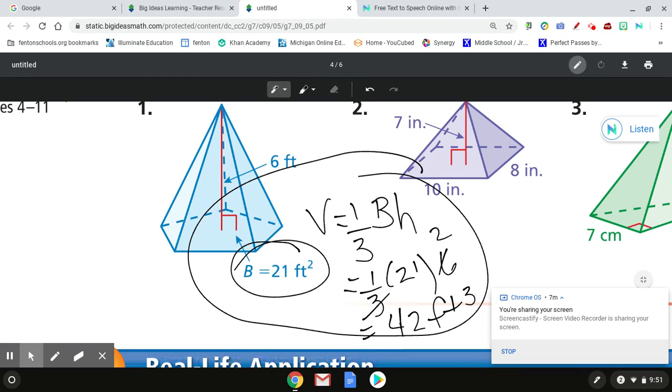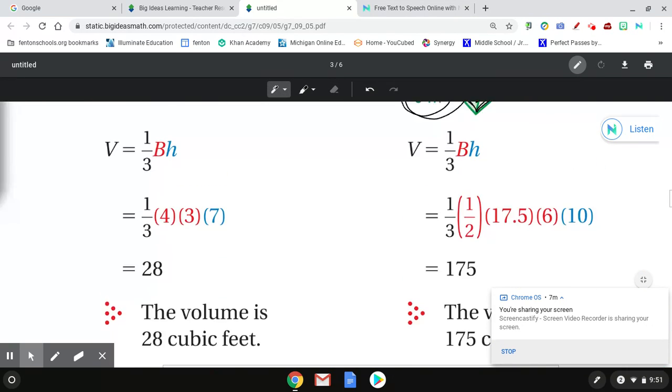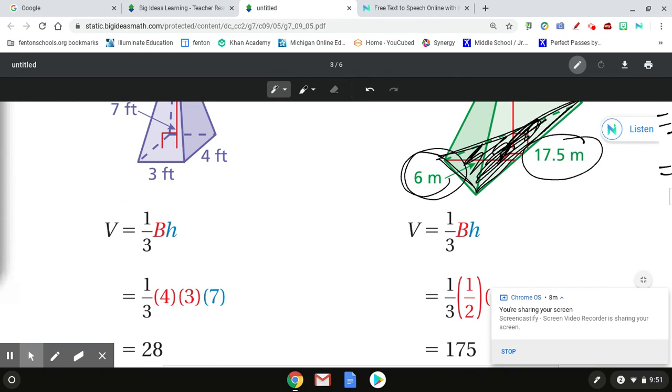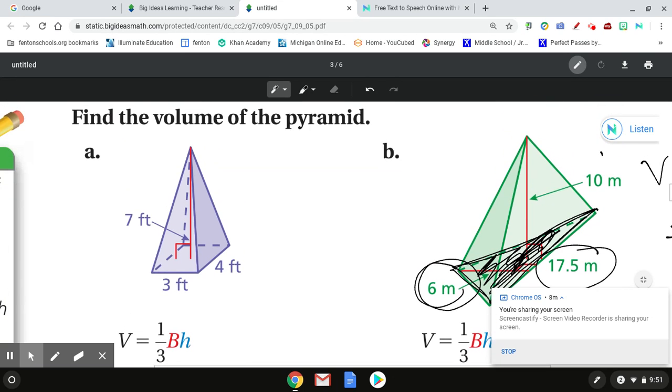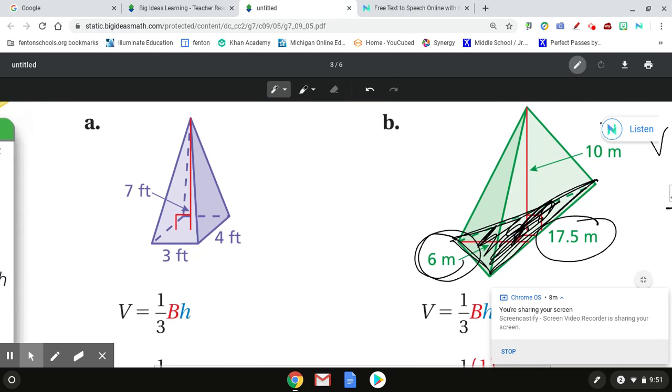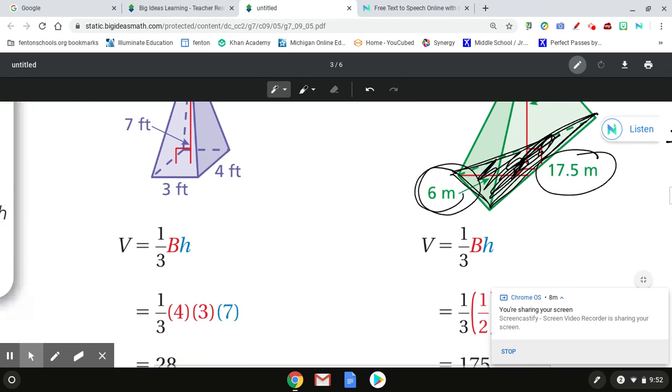When you do your practice, be sure to go back and look at the volume formula, okay? And always start with your volume formula first. That way you can just plug in the numbers as you see them. And be careful. We have bases that are shaped as rectangles, like in example 1A, and then we have some pyramids with triangular base shapes, so you're going to have that 1/2 in there times the base times the height of the base.